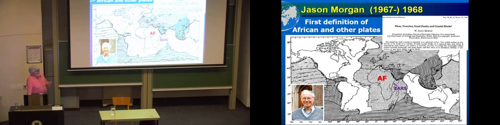There are a few people who are credited with many of the main ideas that arise out of plate tectonics, particularly one person by the name of Tuzo Wilson coined the concept of these big transform faults that relay displacement on one part of a spreading ridge to another. And you'll notice that the first line in Jason Morgan's abstract is that the transform fault concept is extended to a spherical surface.